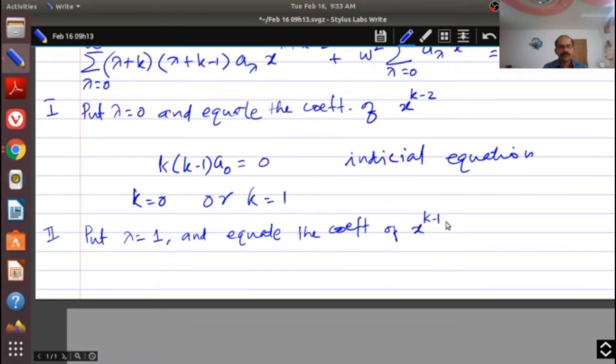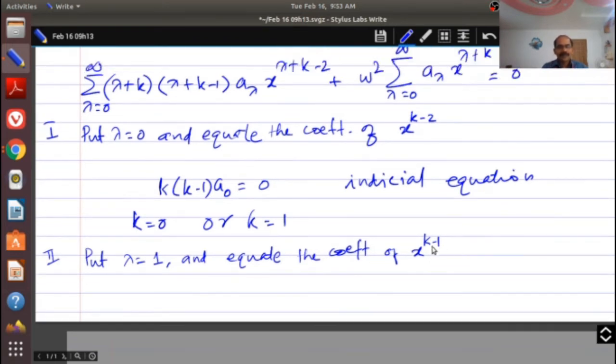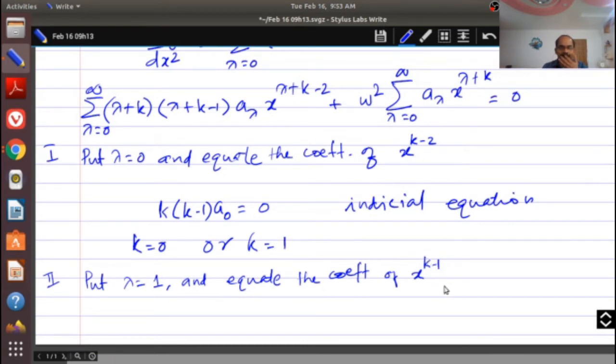There is no complicated stuff, but it is going to be a little tricky. In the same equation, now you need to have lambda equal to 1 and look for the power x raised to k minus 1. Lambda equal to 1 means the first term itself has this power, x raised to k minus 1.